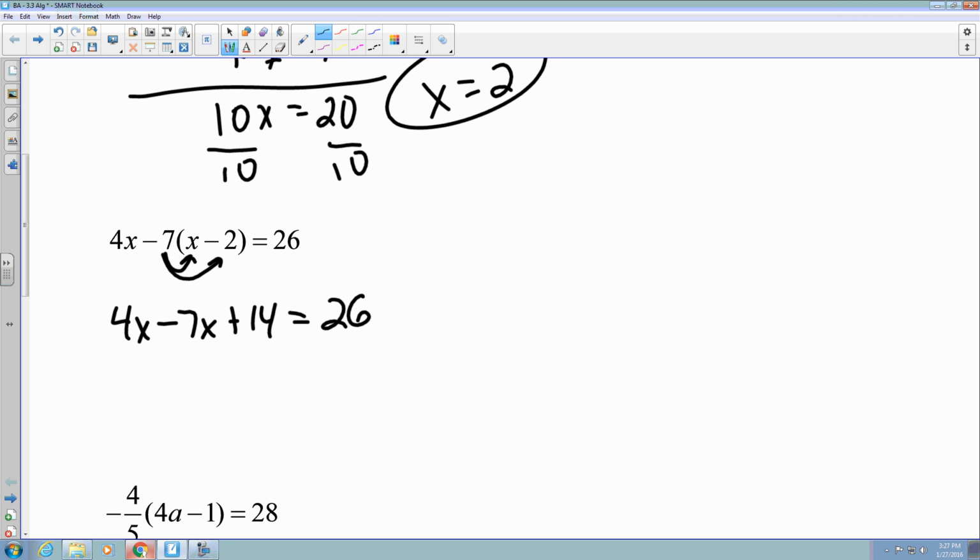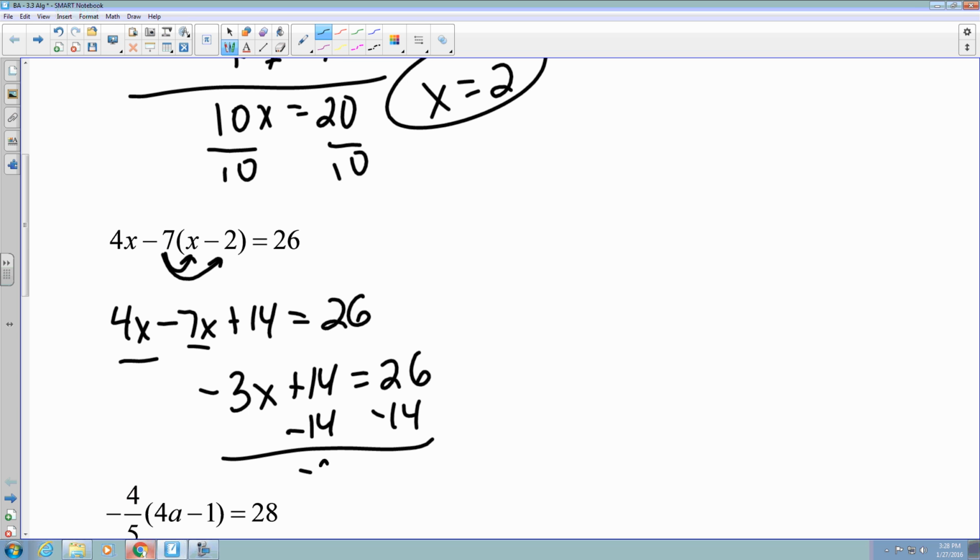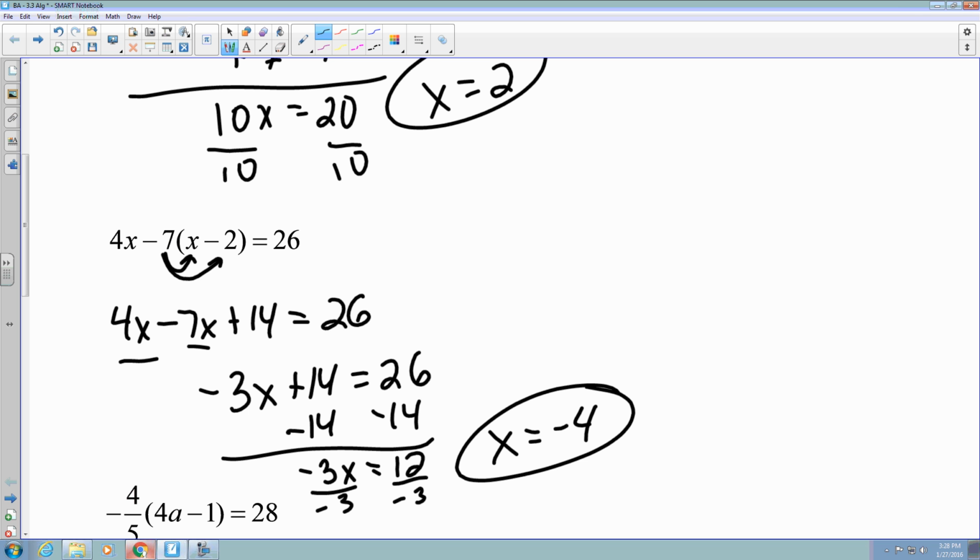That's where we get the plus 14 from. Then we combine like terms here and here. So now I got negative 3x plus 14 equals 26. Then I subtract 14 from both sides, so I get negative 3x equals 12. And then finally divide everything by negative 3. X is going to give me a negative 4 for this particular situation.